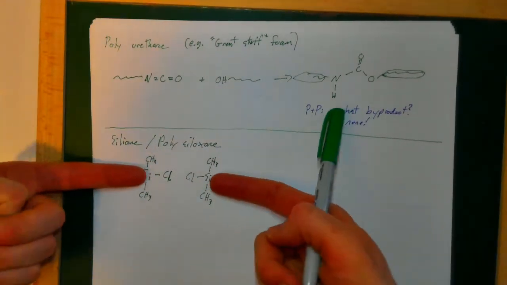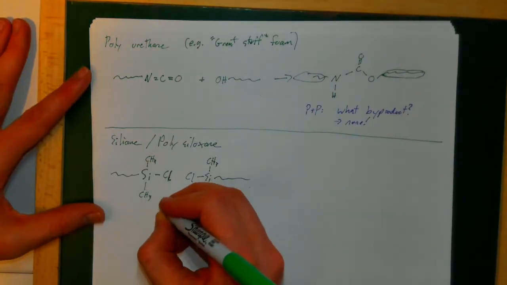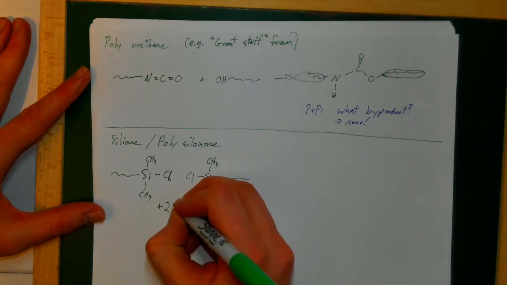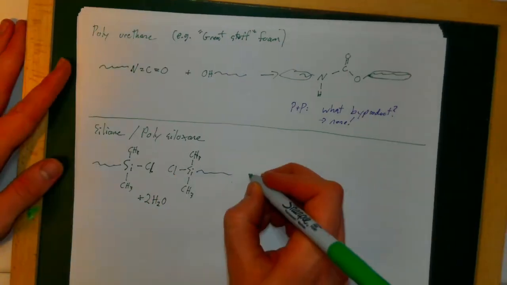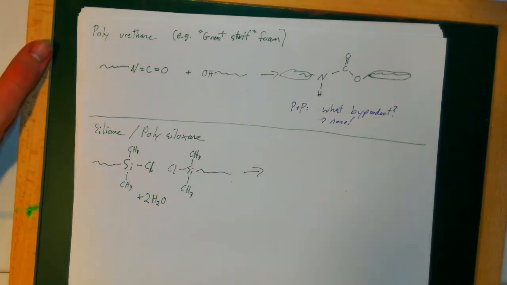So these two reactive groups came close to one another, and I also threw in the mix one H2O. Sorry, not two H2Os, just one H2O. Well, what would happen right here?